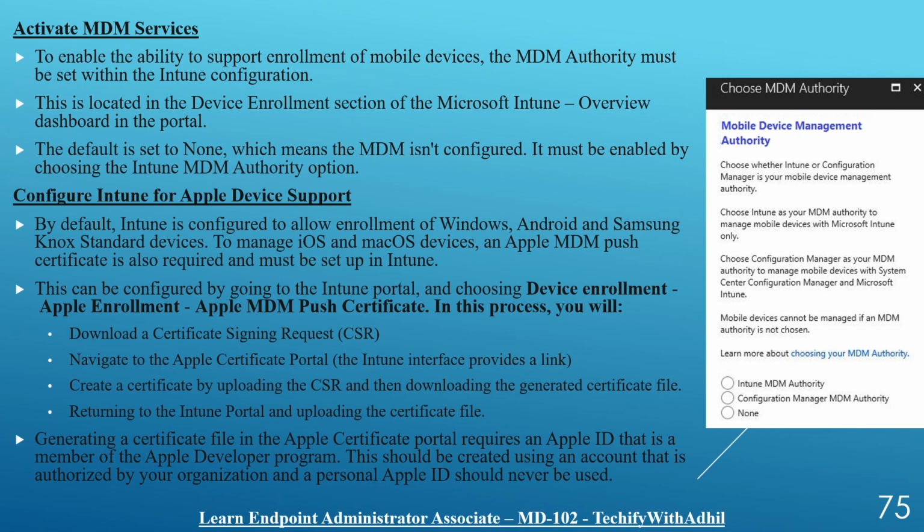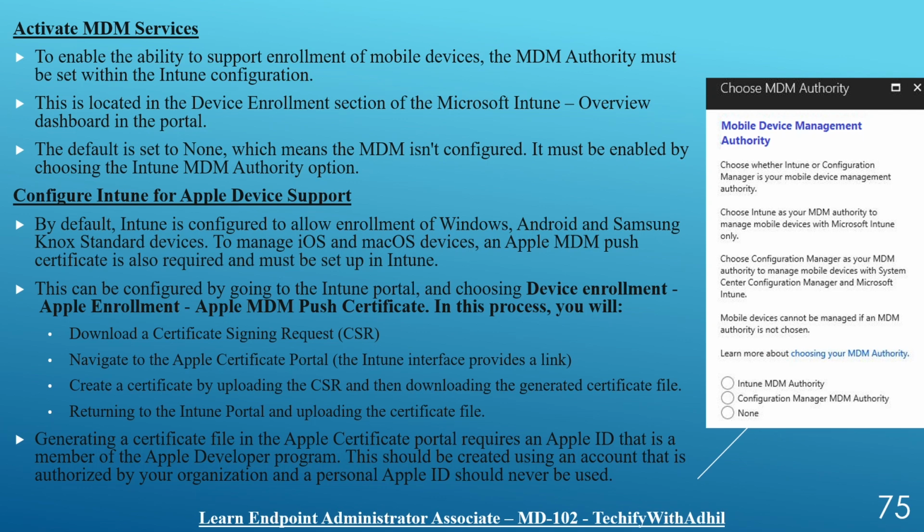In this process, you will download a certificate, that's a CSR, certificate signing request. Then navigate to the Apple certificate portal, create a certificate by uploading the CSR and then download the generated certificate file. Then return to the Intune portal and upload the certificate file.